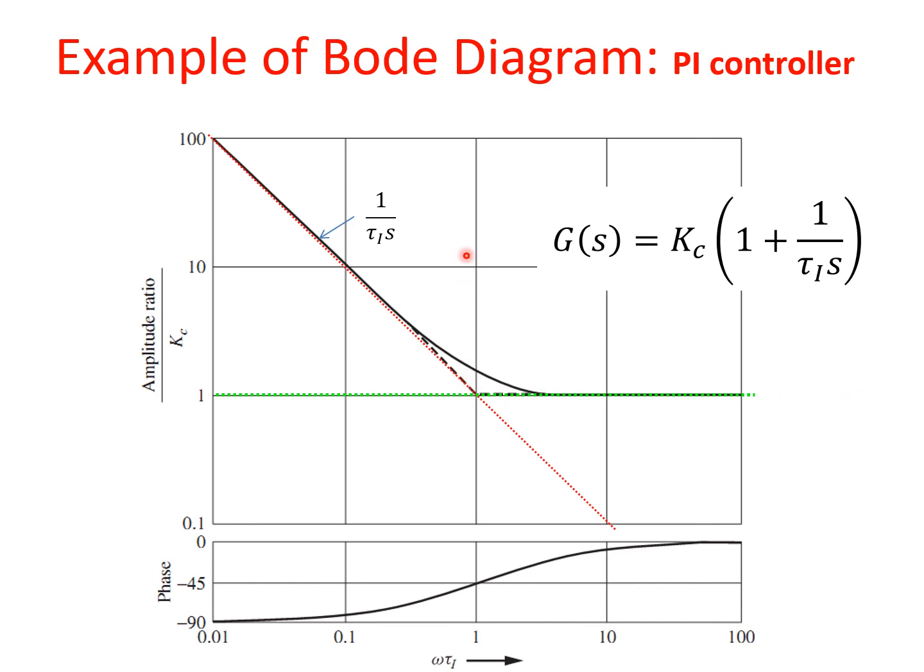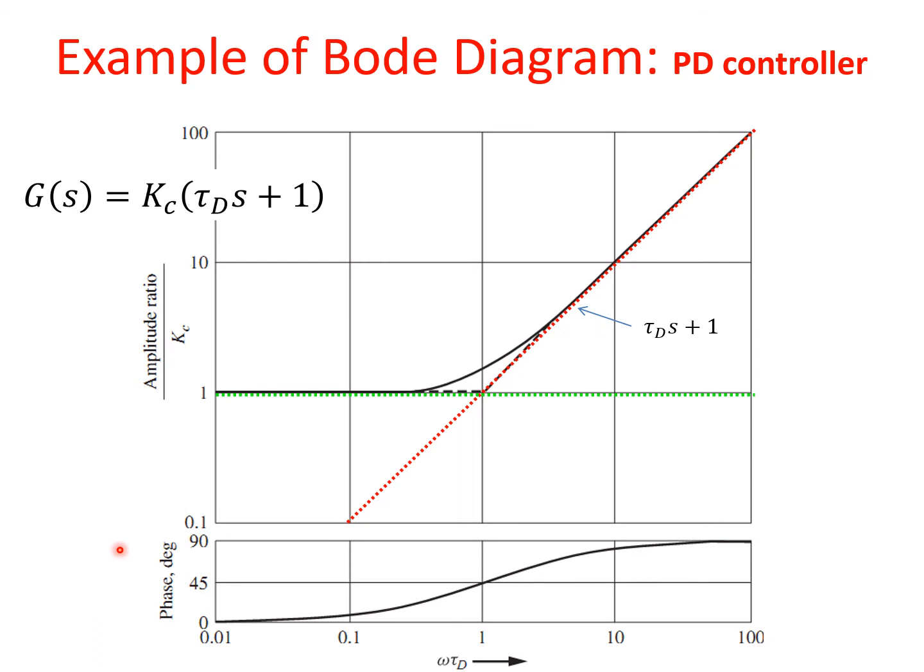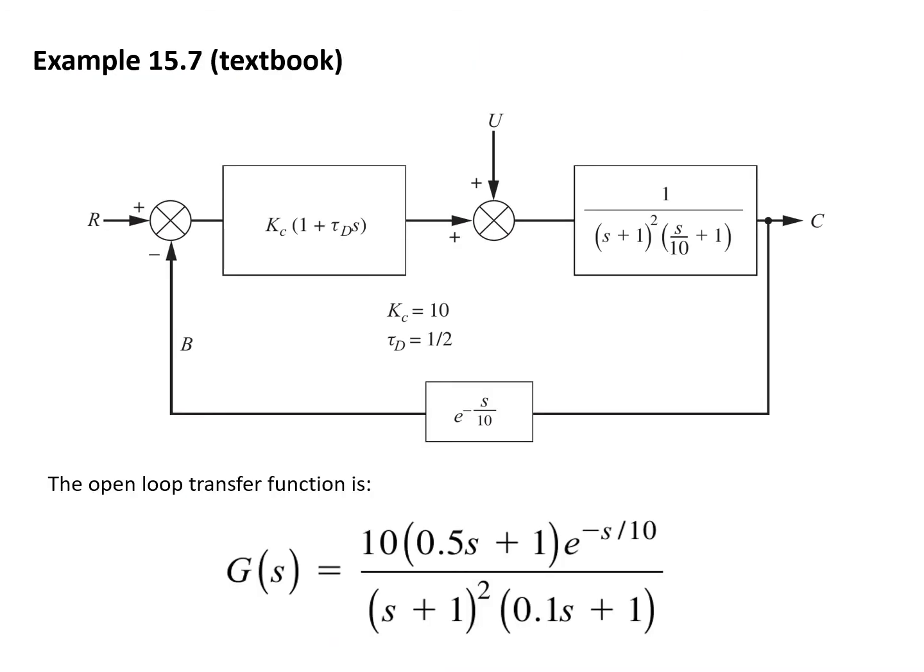The corner frequency is again at 1 over tau I, and the phase angle goes from minus 90 to 0 for a PI controller. For PD it is the opposite. It goes from the low asymptotic plot to the high asymptotic plot at a gradient of plus 1, with corner frequency at 1 over tau d, and the phase angle from 0 to plus 90. It has a positive phase angle due to the PD, which means a positive phase angle helps make a stable system.